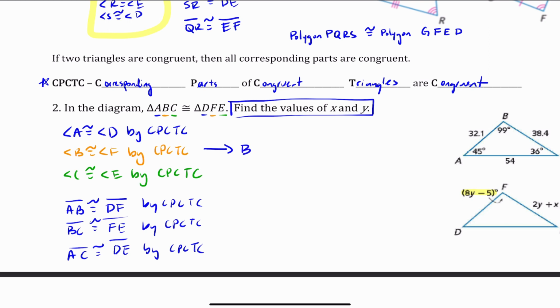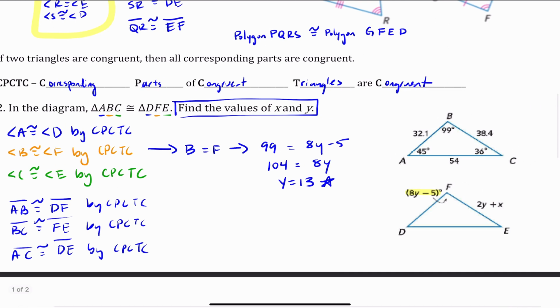So B has to equal F. So then I can go ahead and do my algebra. Since B is 99 and F is 8y minus 5, if I use the addition property of equality, I get 104 equals 8y. Then I use my division property of equality, I get y equals 13. Okay, so this is going to be great since I found what y is.